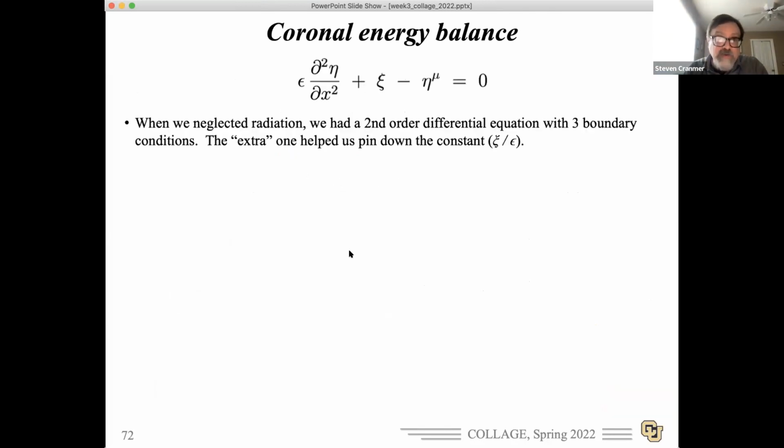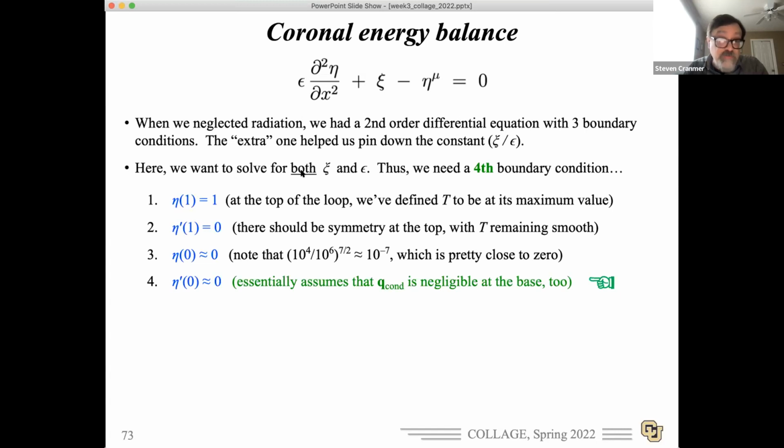Remember, we had to add a third boundary condition in order to specify that constant. Right, in these units, that constant would be called xi over epsilon. If we didn't have this term and solved for minus xi, you'd have to divide by epsilon. But here we really want to know the epsilon and the xi separately. We want to solve for both of them.